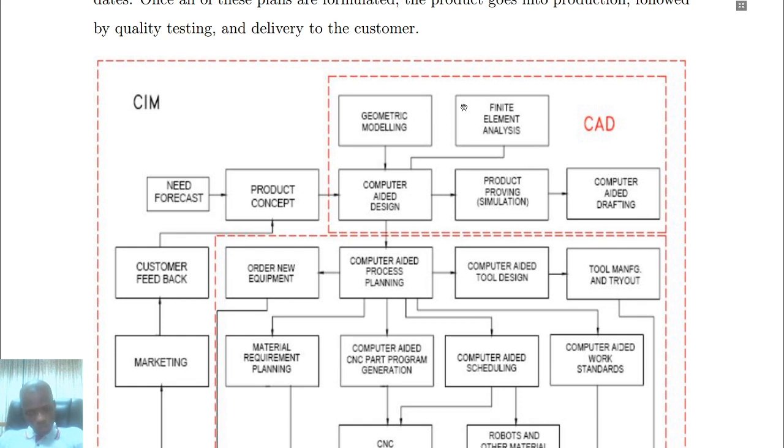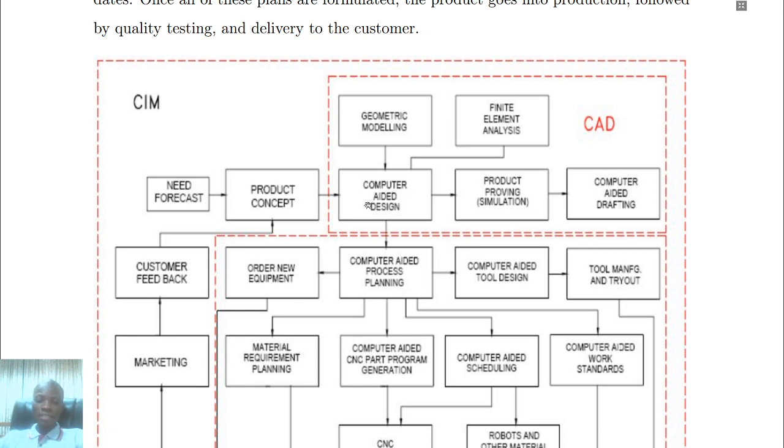Here, instead of doing the design manually by drafting with maybe a board and a paper and all that, we use computer aided design tools to assist us in doing it, and that improves our speed in the work. Of course, there are many things that we can do in this environment which will assist the product to be better than the previous one. Right, so here we have the computer aided design.